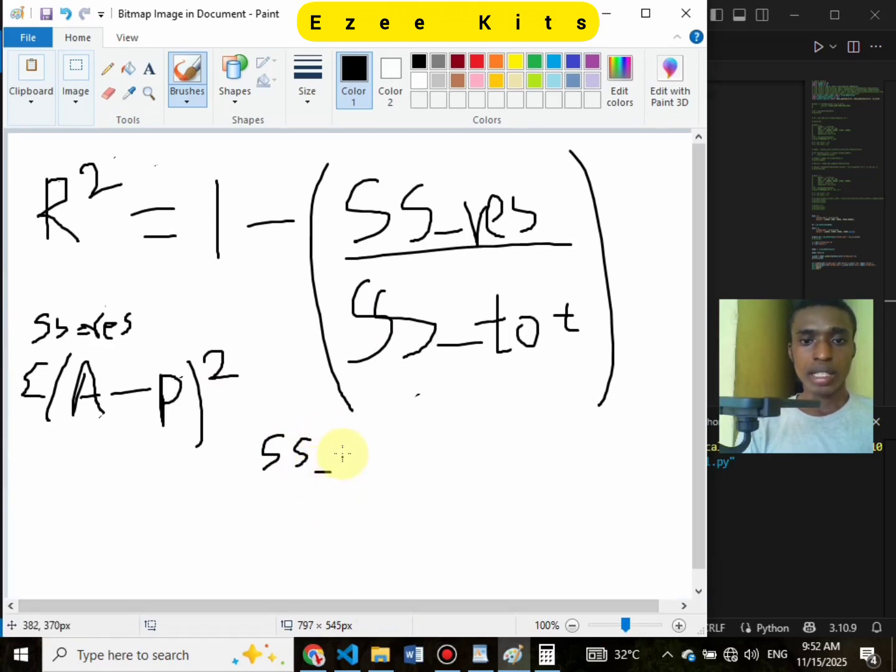Now this SSx is given as the actual minus the mean of the actual.